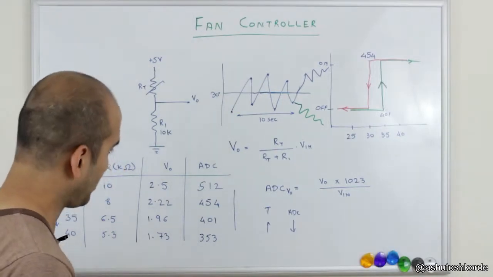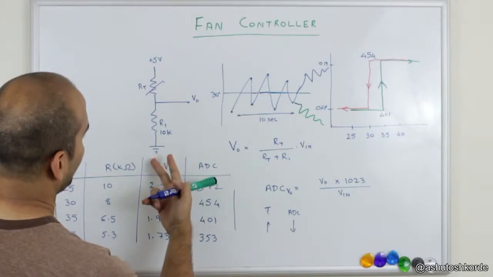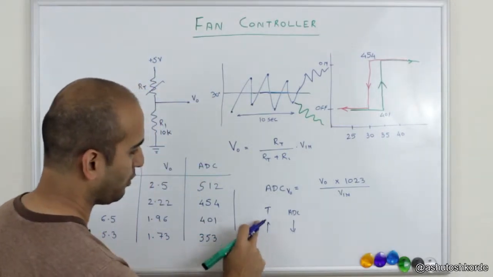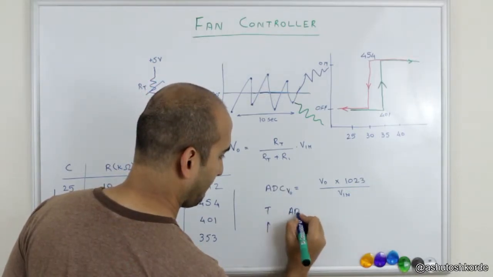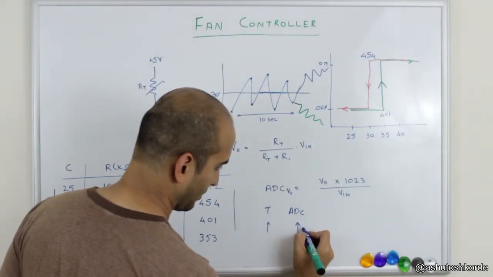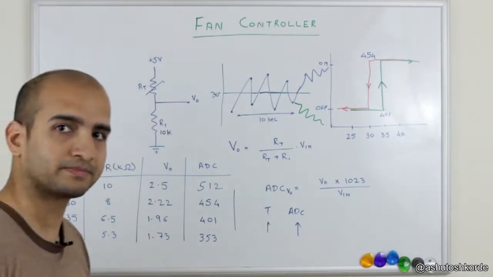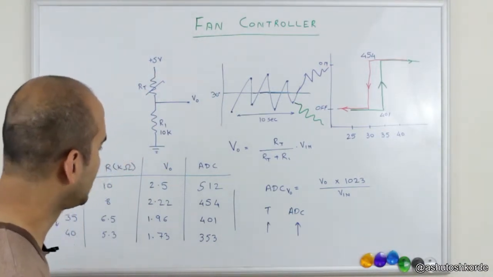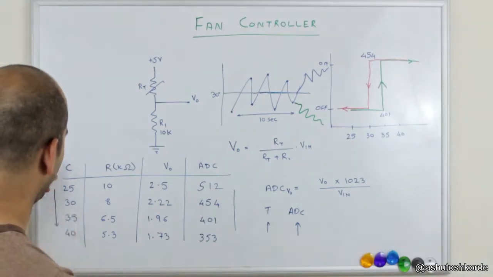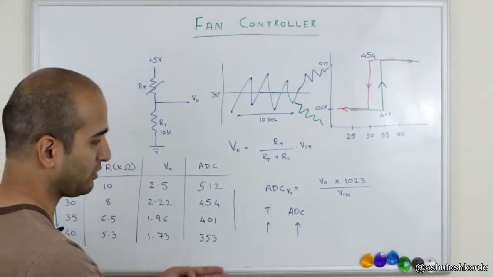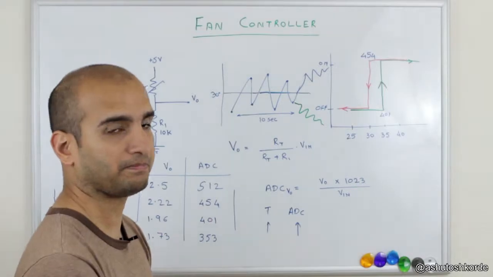But what you can actually do is make the system in such a way that when your temperature increases, your ADC value will also increase without changing any of the components. And this is ideal because this is slightly confusing. You don't want some inverse proportion going on here wherein one value decreases and the other increases. I would really like it if my temperature increases, my ADC values increase as well.